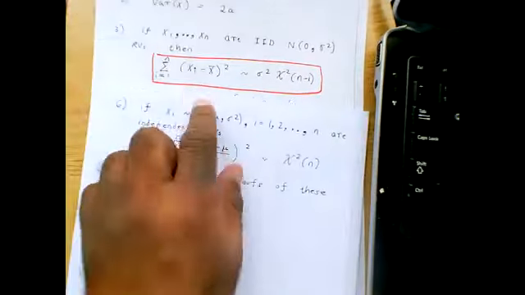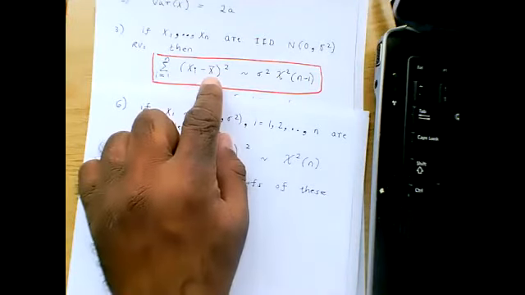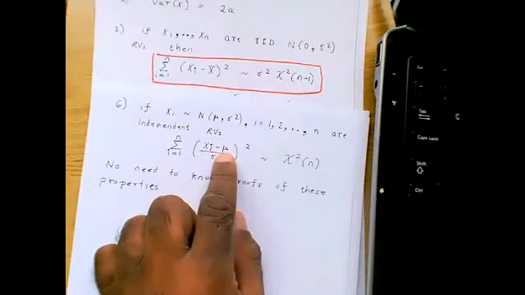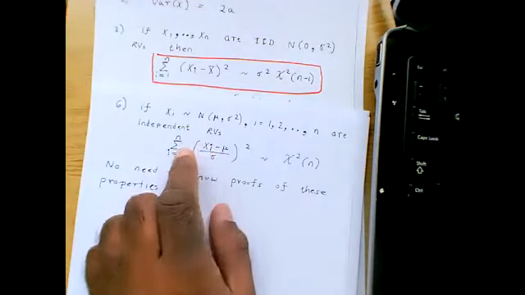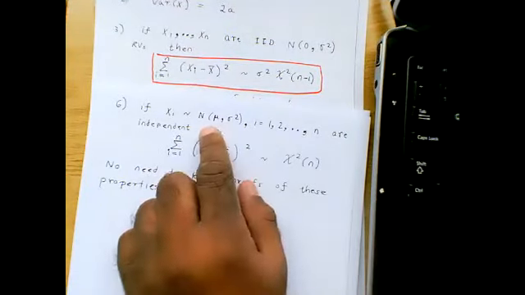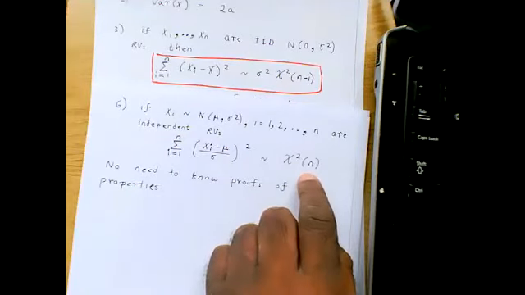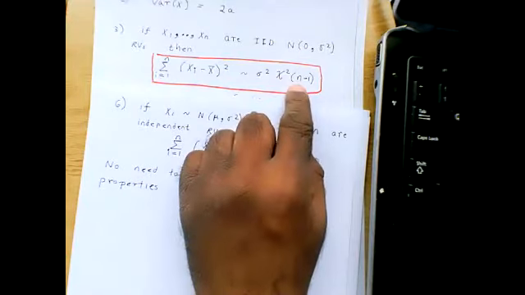In property 3, we are taking the deviations of x_i from the sample mean, whereas in property 6, we are taking the deviations from the population mean. So these two are not the same. If you have IID normal, then this has a chi-squared with n degrees of freedom, whereas here it has chi-squared with n minus 1 degrees of freedom.